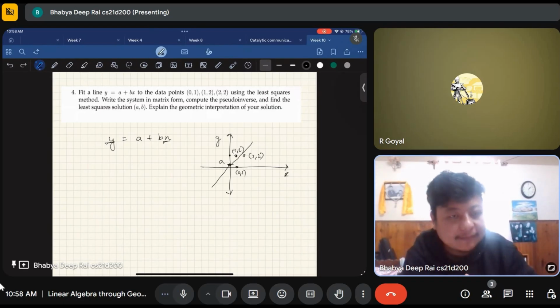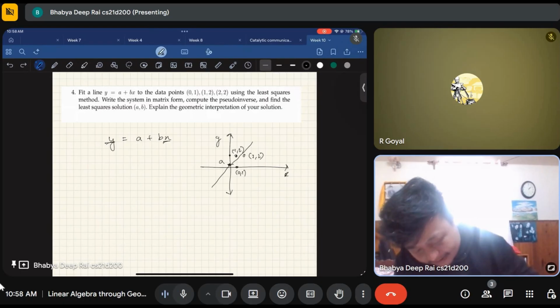Great. So let's just do a sanity check. y can be 1, 2, 2, and y is equal to a plus b, where b is b, of course.